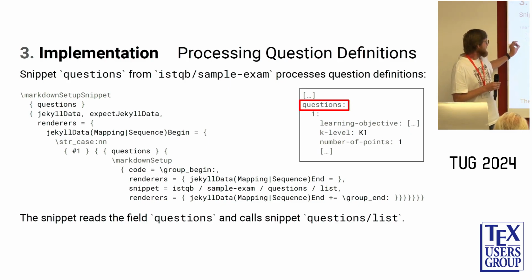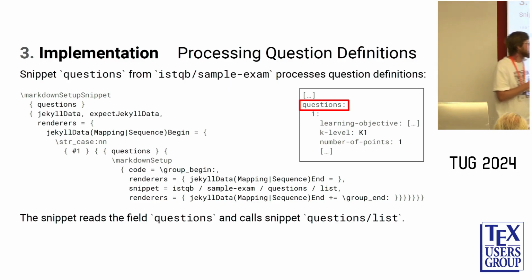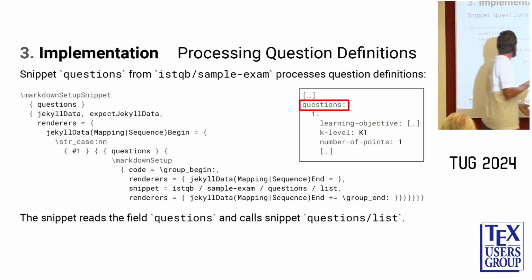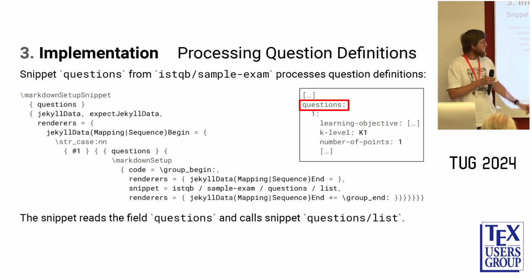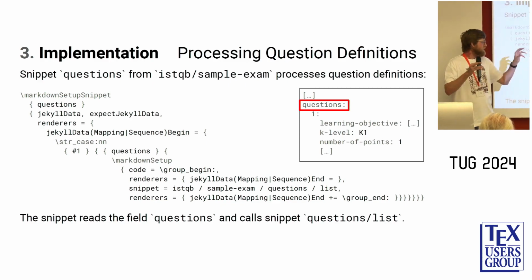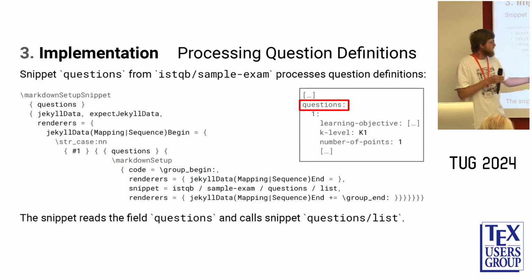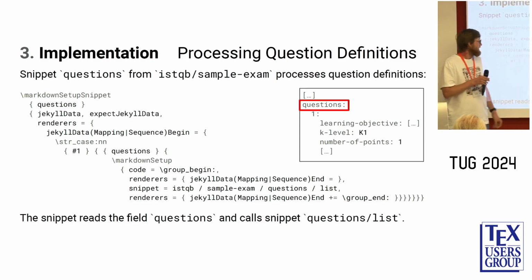And then it reads the first field of the YAML file, and if the name of the field is questions, then it calls a private snippet called questions/list.